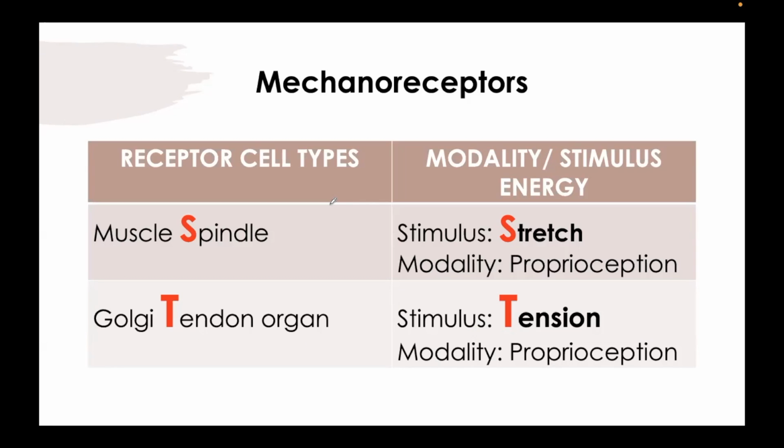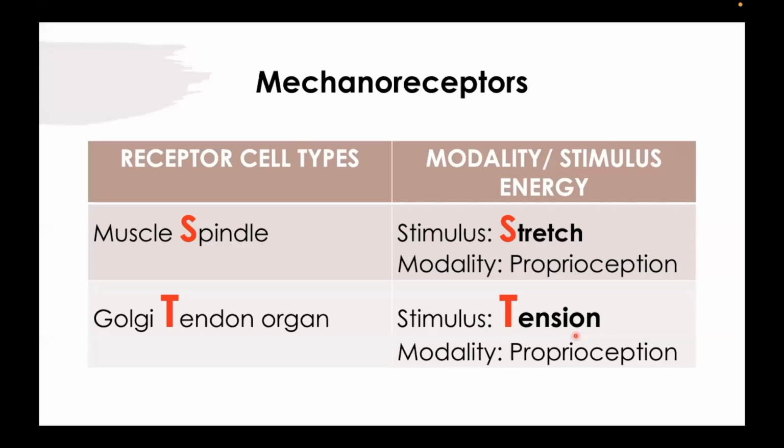Now, I made another table so that hopefully your retention will be better. We have here two very important additional mechanoreceptors, the muscle spindle, then we have the Golgi tendon organ, which will be discussed in another module. So always remember the stimulus for the spindle is letter S, it's stretch. The stimulus for the T, the tendon, is also T, which is tension.